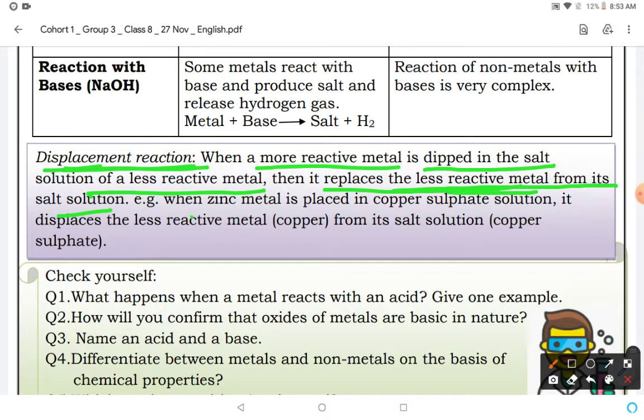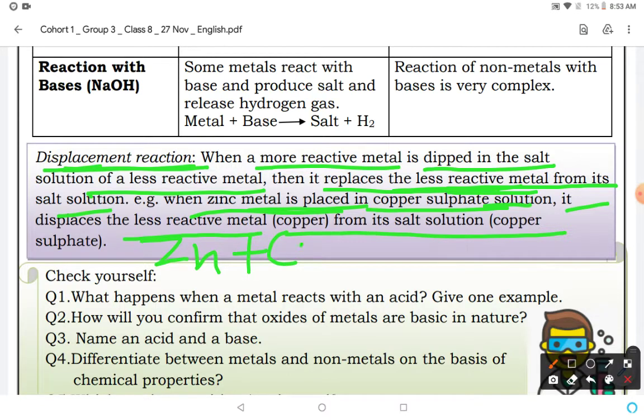For example, when zinc metal is placed in copper sulfate solution, it displaces the less reactive metal copper from copper sulfate solution. Let us see the reaction. When zinc reacts with copper sulfate solution, CuSO4, then zinc sulfate is formed and copper is displaced. This is an example of displacement reaction.